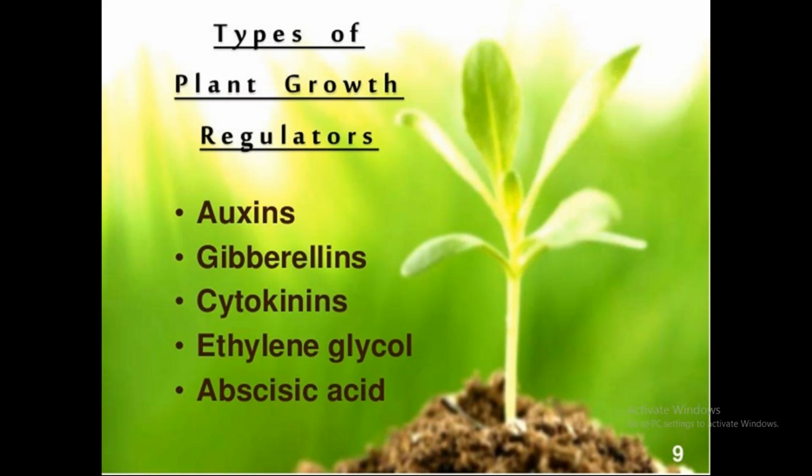Let's take the overview here. Suppose the first hormone is auxin. In the last class we discussed the auxin hormone. Some of the functions we discussed; we will later discuss the other functions as well as the biosynthesis pathway, maybe in the next class. Next is gibberellin. The main function of gibberellin is that it helps in elongation, it helps in the growth of the plant.